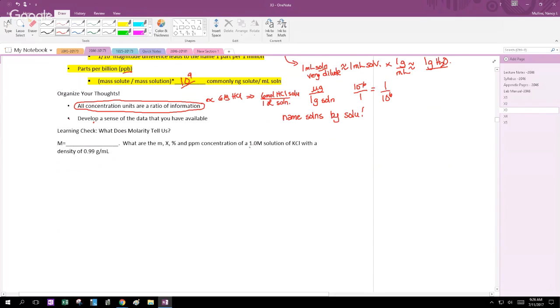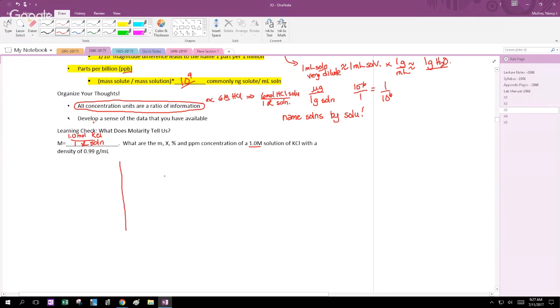So what we know here is that we have a 1 molar solution of KCl. And I want to know, what are the other ones? Okay. Well, I know that molarity means that I have 1.0 moles of KCl for every 1 liter of my solution. So take the time to rewrite it because it'll help you out.